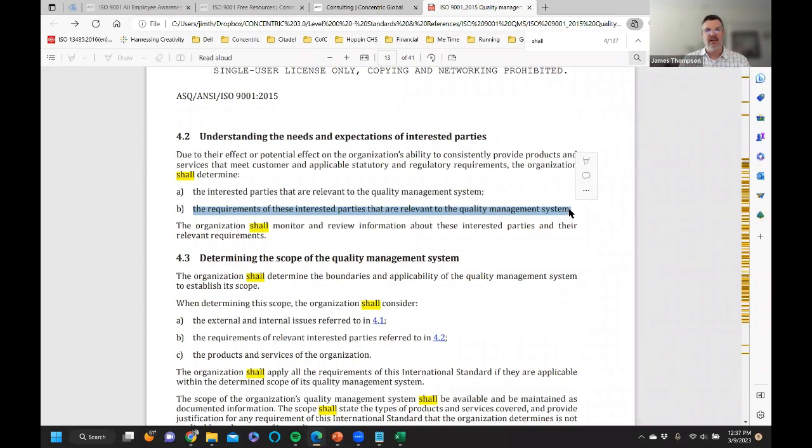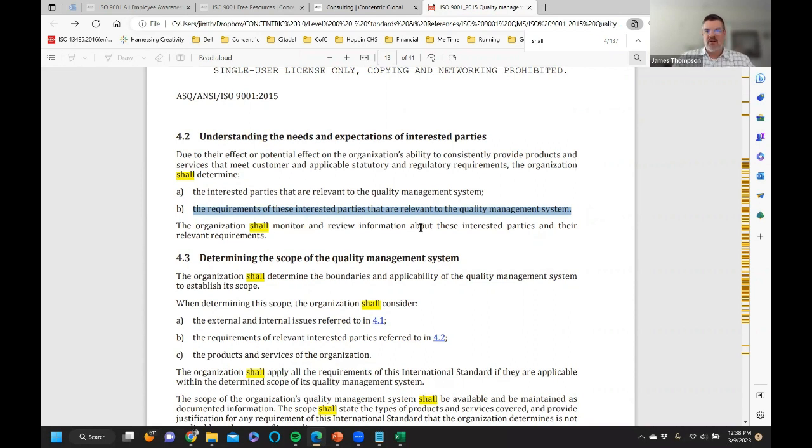You're working in a manufacturing plant, and your significant other thinks that you should get 3 weeks of vacation versus 2. That's an employee's family being an interested party, but that's a requirement outside the scope of the QMS. So that's really what this is getting at.